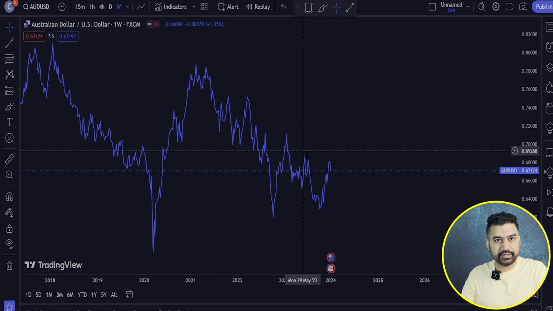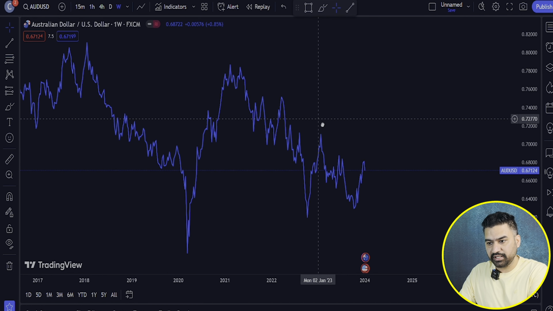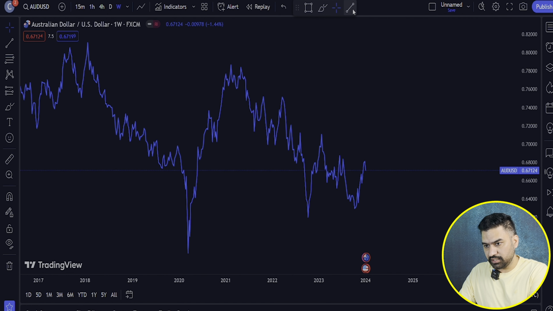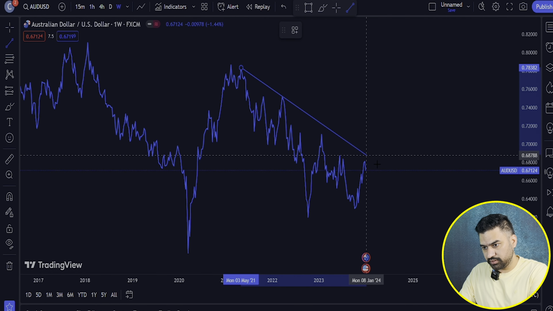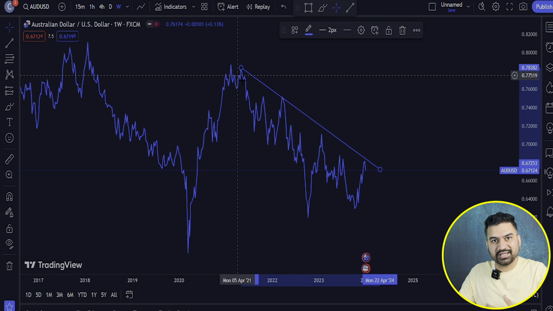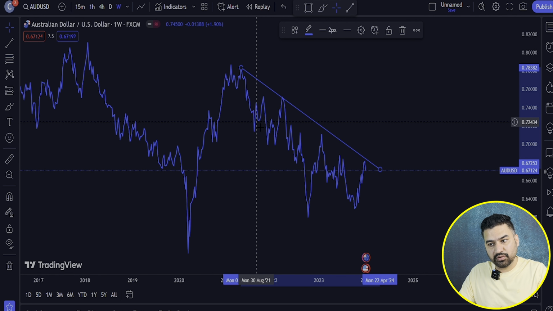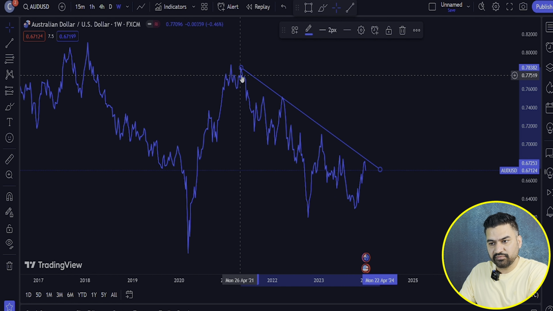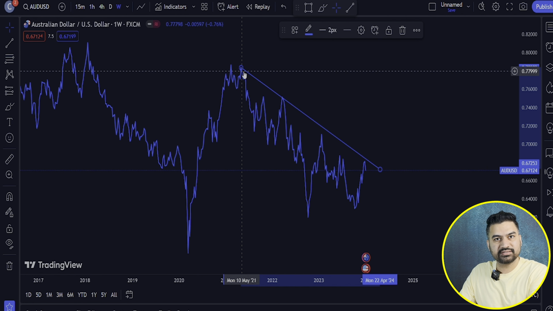Is it an upward trend or a downward trend? Always remember, friends, never trade against the trend, and the trend is your friend. Looking at the weekly chart, this clearly shows a downward trend, because it is making a lower high and lower low, again lower high and lower low, lower high and lower low. Basically, when this type of trend is forming, you can predict it is a downward trend.